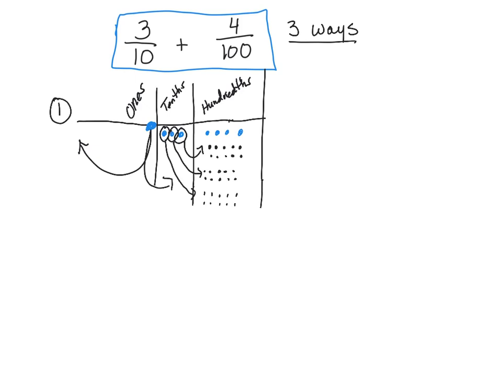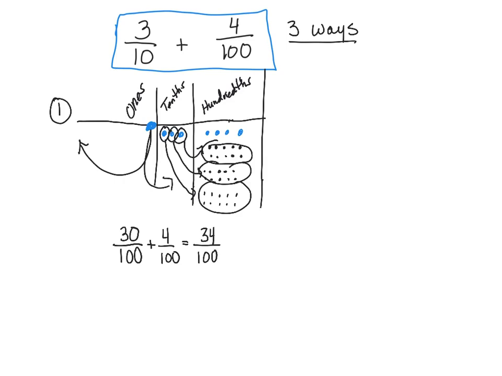So, how many hundredths do I have? Well, we've got 10, 20, and 30 hundredths plus the 4 up here. So this really becomes 30 hundredths plus the 4 hundredths, which gives us 34 hundredths.